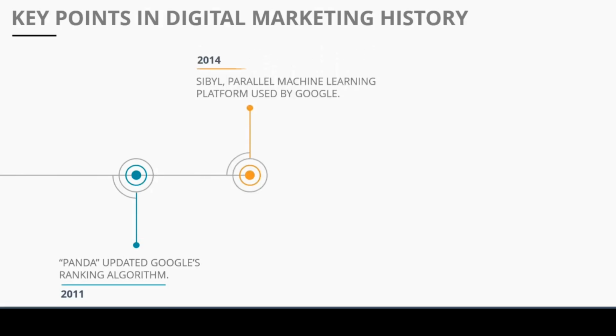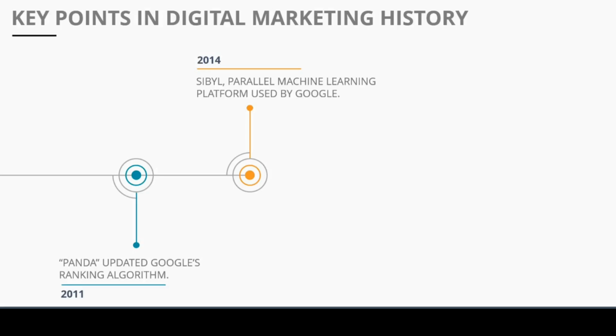Then in 2014, Sybil, a parallel machine learning platform, was launched and used by Google. Why it was so amazing is because it is parallel machine learning, meaning that instead of sequential machine learning, which is taking one job and completing it, then moving to the next one, with parallel, it takes one job and breaks it up into multiple parts, and then does those different parts simultaneously, so at the same time.